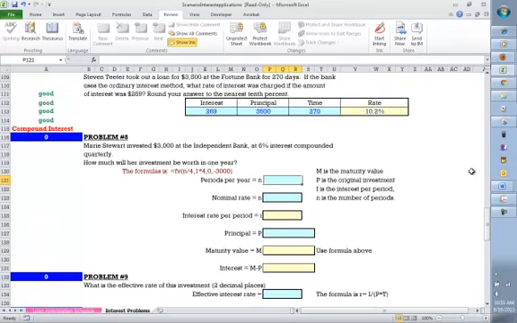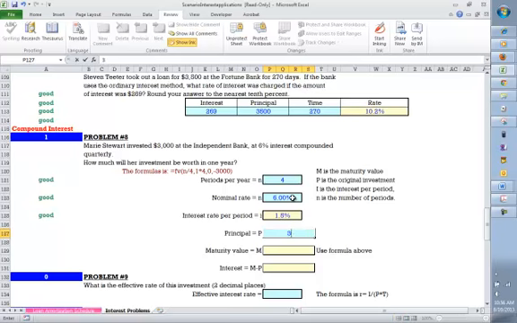Okay, Marie Stewart invests $3,000 at 6% compounded quarterly. The formula equals future value. So the number of periods, in 1 year she will have 4 quarters. The rate is 0.06. The interest per period is the nominal rate divided by 4 because she's going to pay it quarterly.